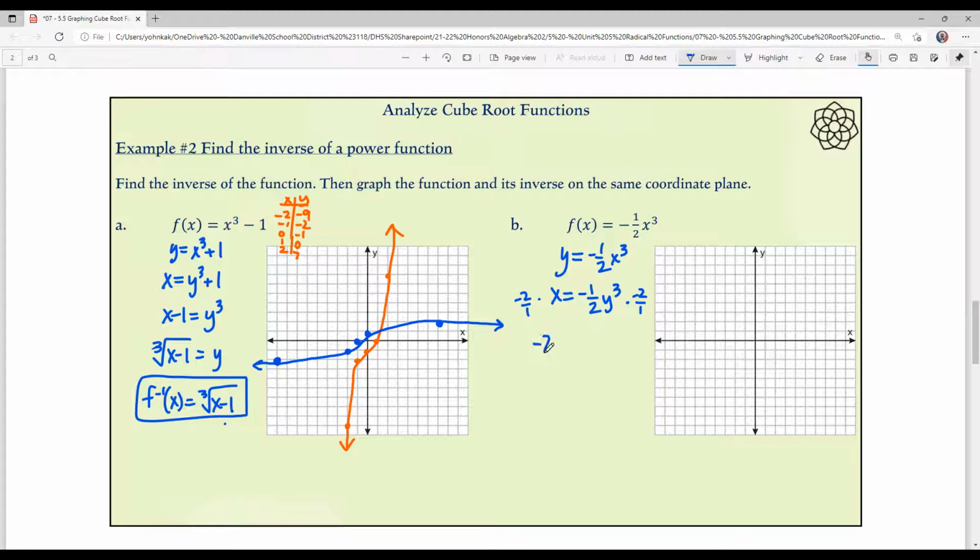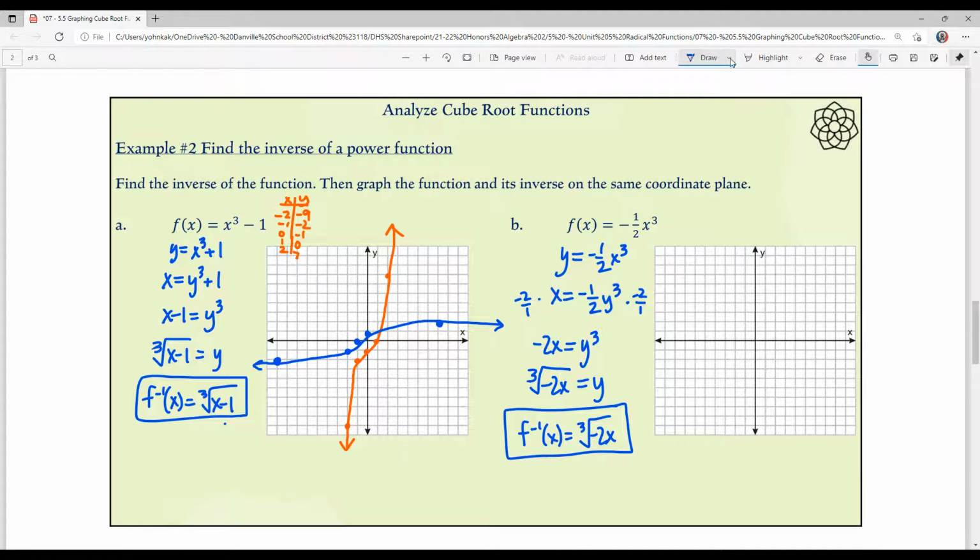So that gives me -2x equals y cubed. And then I need to cube root both sides. So the cube root of -2x equals y. And then I can say f inverse of x is equal to the cube root of -2x.